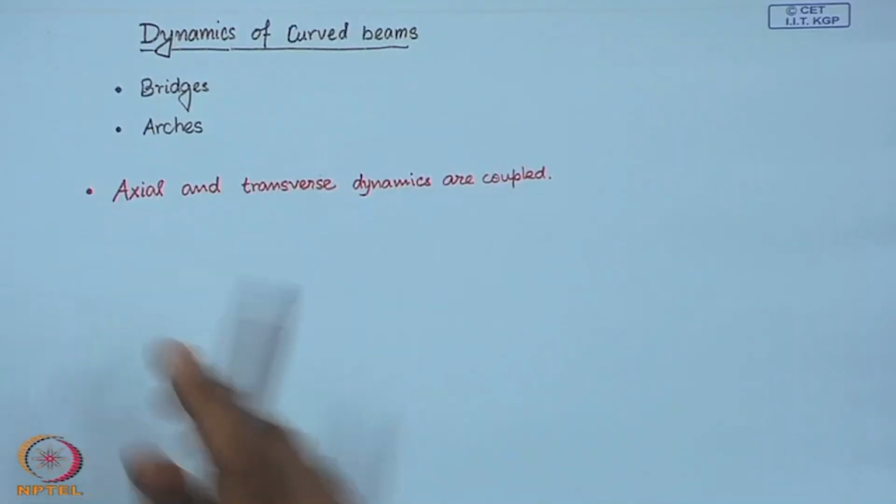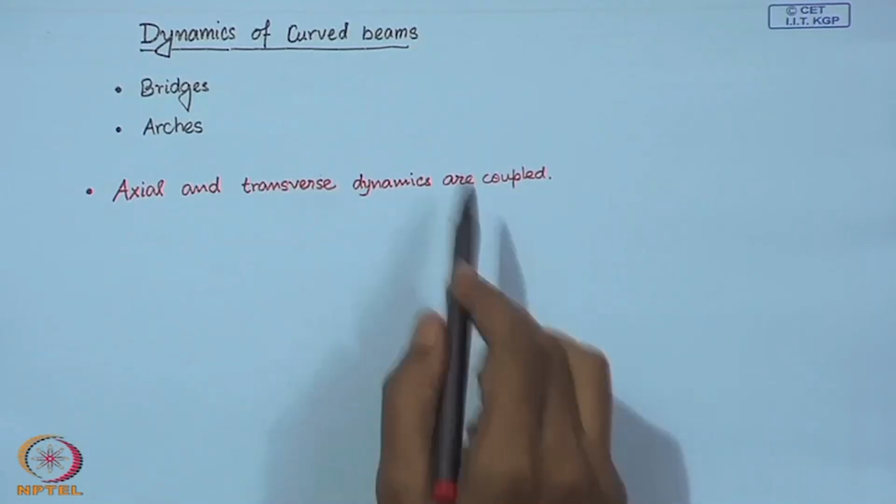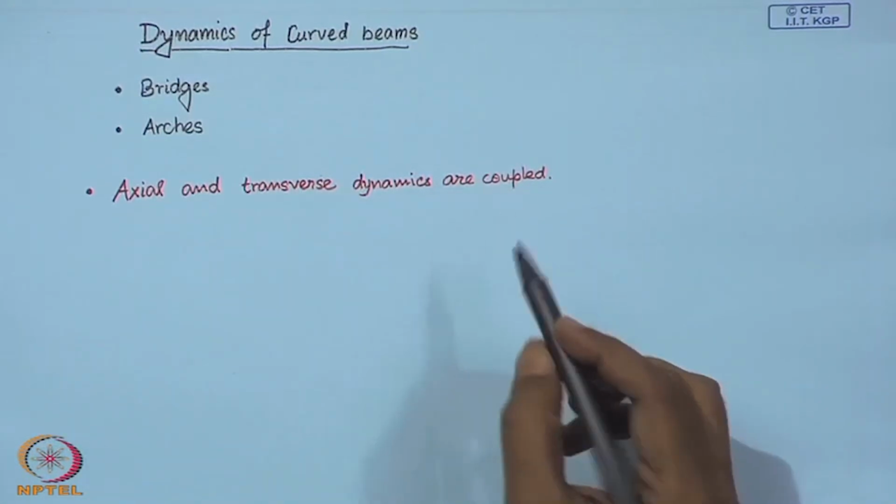They are coupled because of the curvature of the structure of the beam.